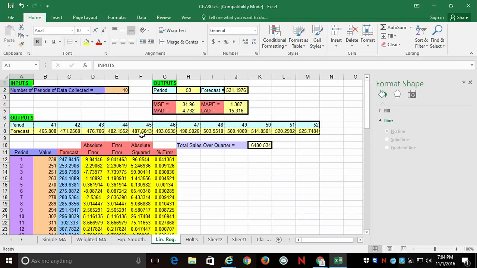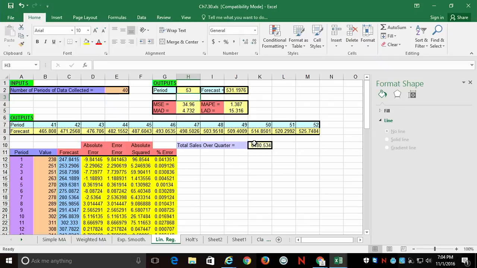For the total sales over the 13-week quarter, what do we have here? 41 through 52. That is 12 weeks in that quarter. So we sum those up, but it also wants the forecast for 53, so plug 53 in here. If I went to week 60, I could plug in 60 and it gives me that value, but we want 53.